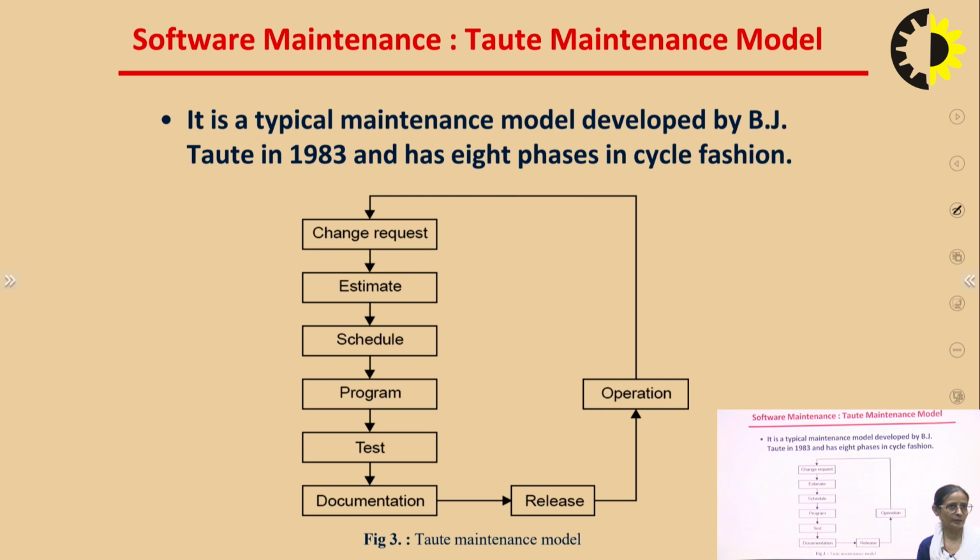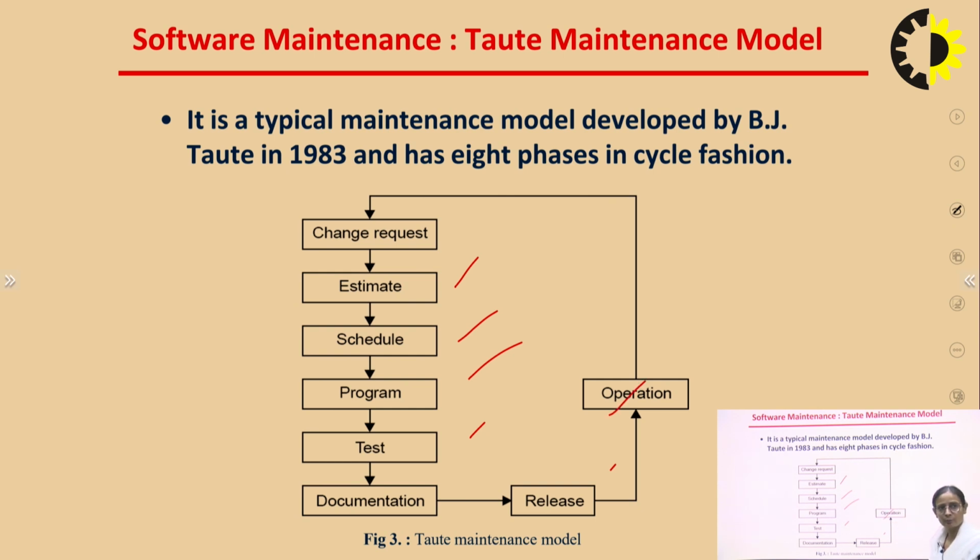Another model is my Todt maintenance model. It is a typical maintenance model developed by B.J. Todt in 1983, and it has 8 phases in cyclic order. First, you make the change request, estimate the cost, schedule it, program it, test it, document whatever you have done, release it, and make it operational.